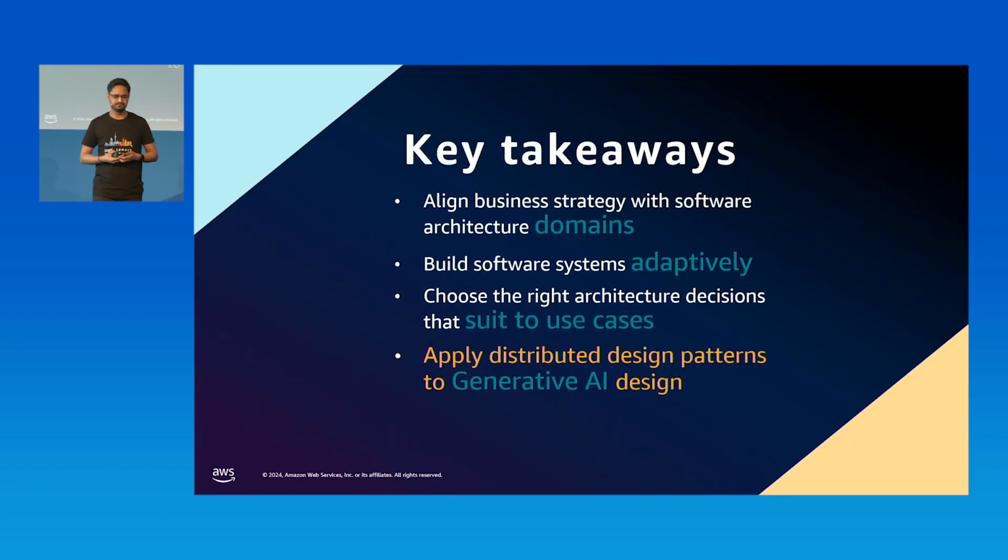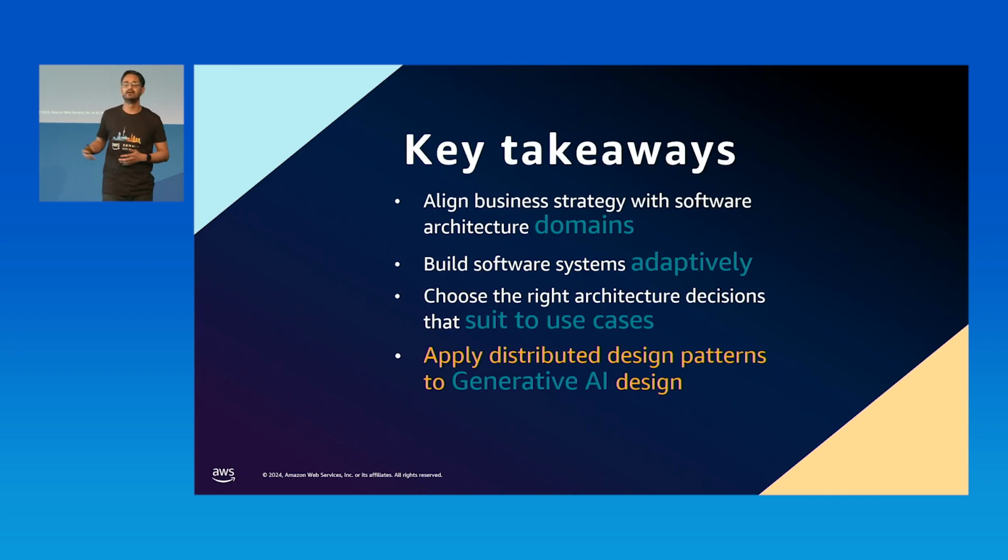With that, as Ivo initially mentioned, the key takeaway here is not about what these 3 or 4 design patterns are about, or how you apply these specific design patterns to your application. Instead, the idea is you can apply these distributed design patterns, or the other ones that are out there, that have been well tested for so long, to design and build your modern applications, generative AI applications.